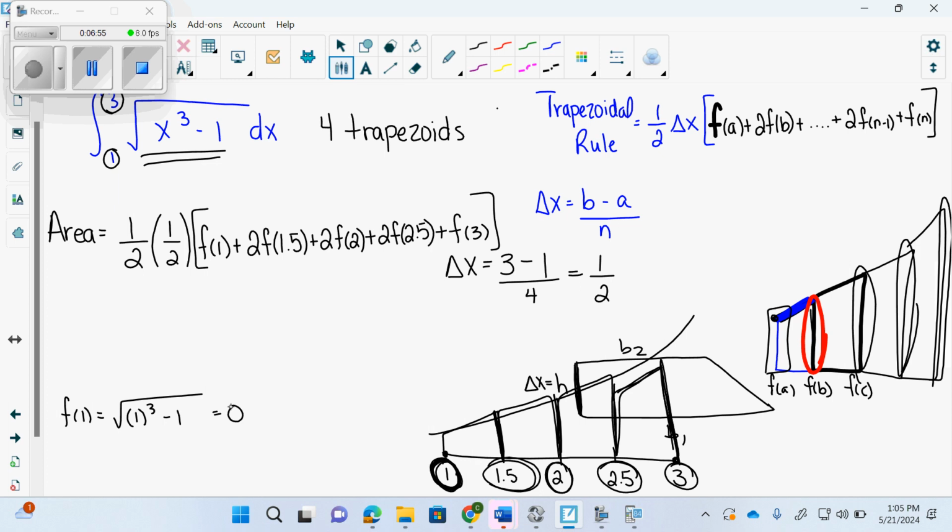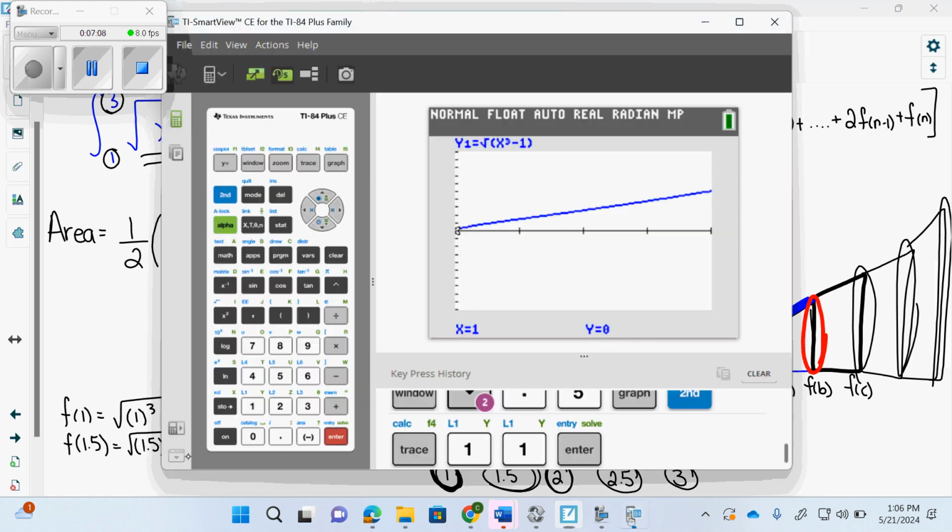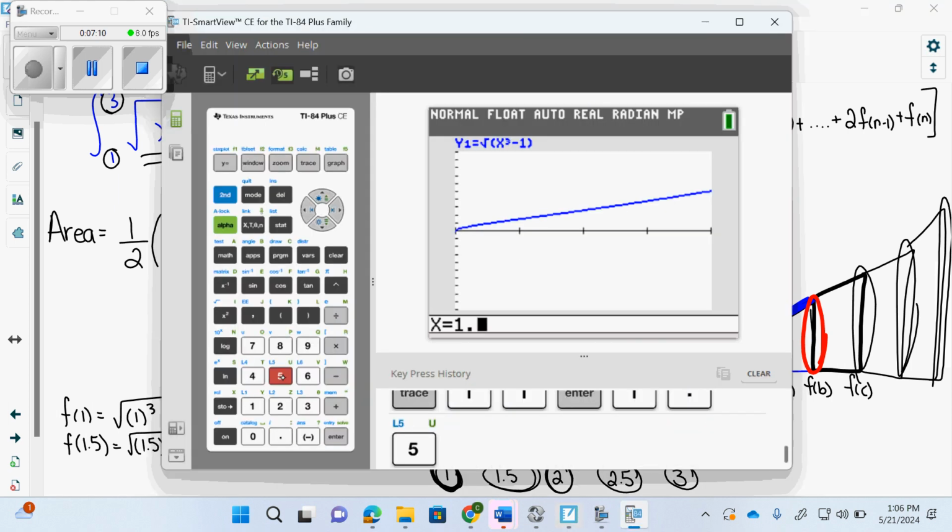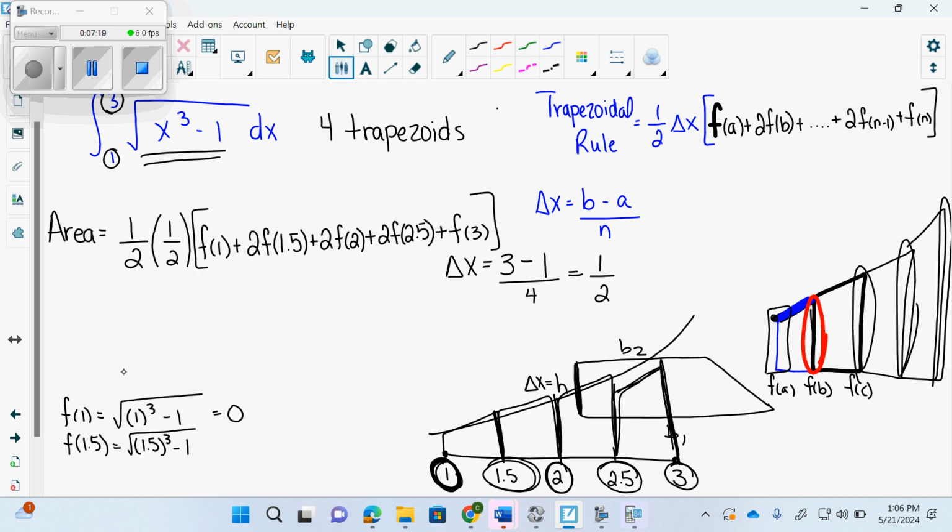Then I have to do f of 1.5 as well, which is the square root of 1.5 cubed minus 1. Or I can go now just 1.5 again. Remember once you're in second trace value? But now it's not a nice decimal. It's some sort of rounded decimal, correct? So I like keeping all my decimals till the end.